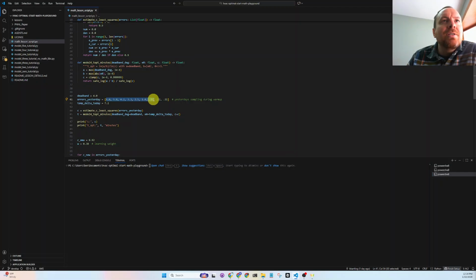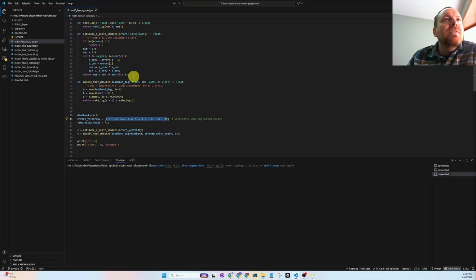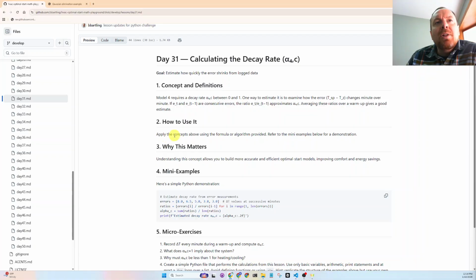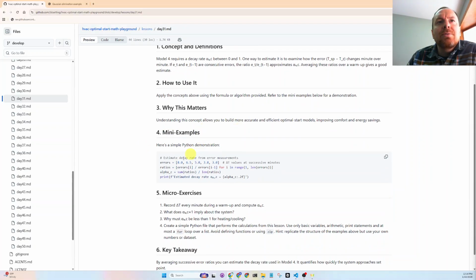You plow through the array in this math right here. Averaging these ratios over warm-up time gives a good estimate. Apply the concepts above using the formula or algorithm provided, refer to the minis. So here we go.